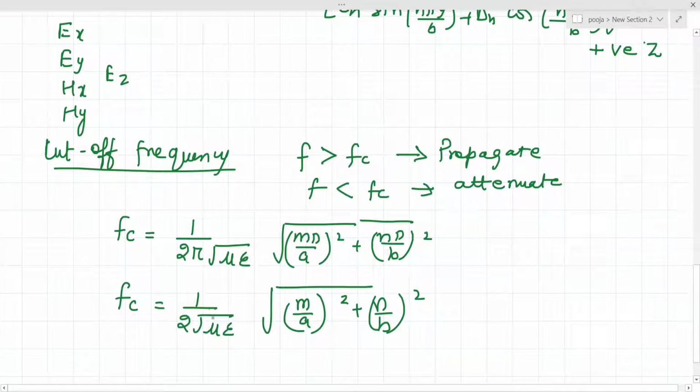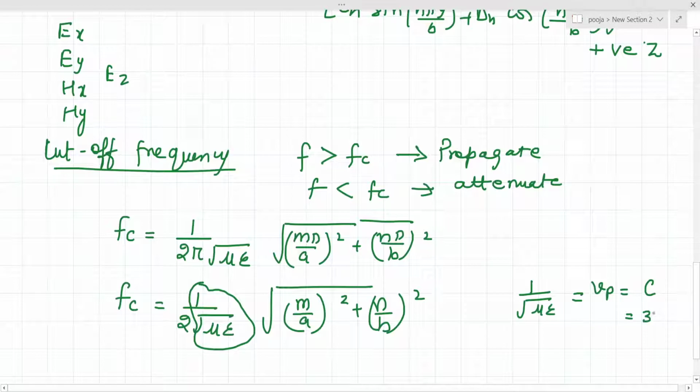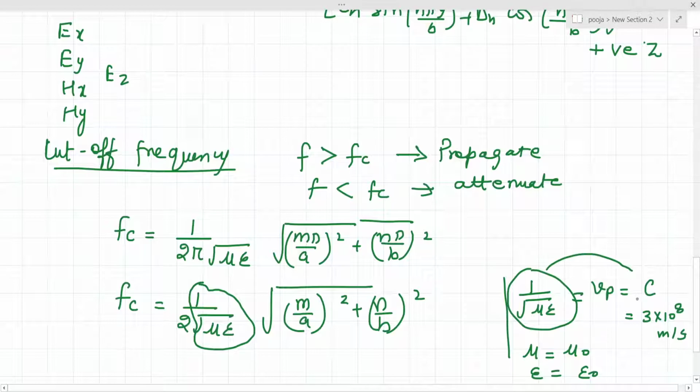Now see this value: 1 by under root mu epsilon is Vp, or you could say it is equal to C, which is 3 into 10 to the power 8 meter per second, the velocity of light, when mu is equal to mu naught and epsilon is equal to epsilon naught. Means for the free space condition, this value is equal to the velocity of light.